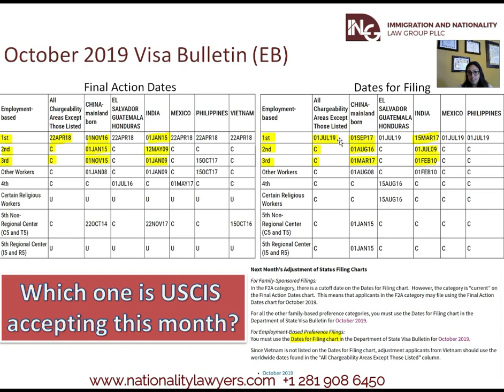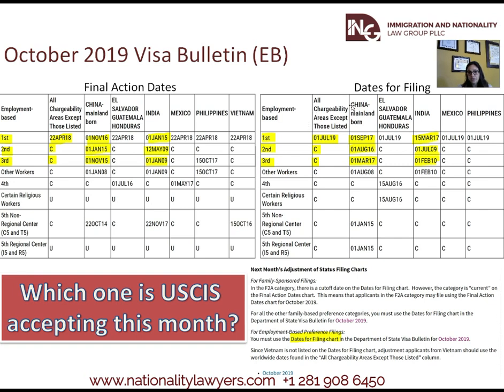And in contrast, if you were born in China, for example, then the backlog is much higher, and immigration is only accepting filings for people that got the priority date on September 1st, 2019 or before that date. And remember, this priority date is set when you file an immigrant petition, an I-140 or I-526, or an I-130, which is the petition for alien relative.